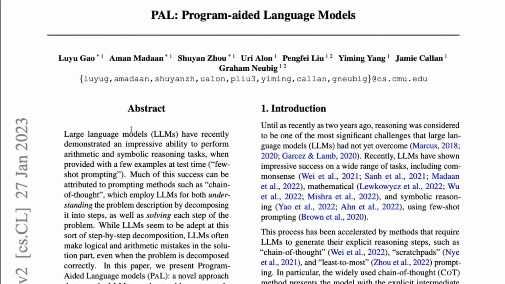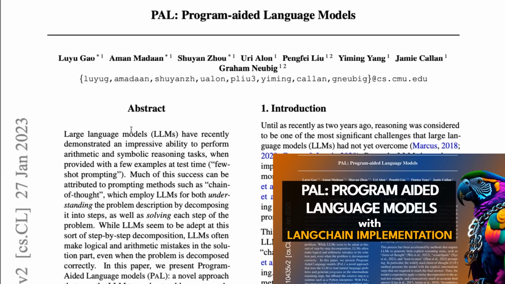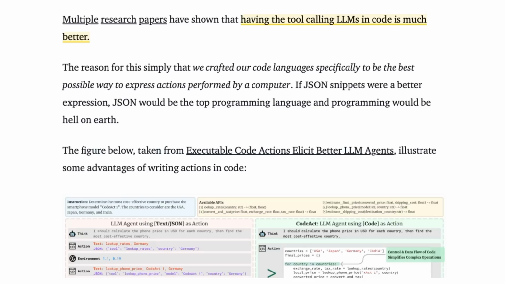One of the ones that I didn't see that they've included there is actually the PAL program-aided language model. And this goes back to 2022. The latest version of the paper, I think, is early 2023, but originally this came out in 2022. I did a video about this, again coming up on close to 2 years ago, of the idea of getting the LLM to write code and then use that to help it.